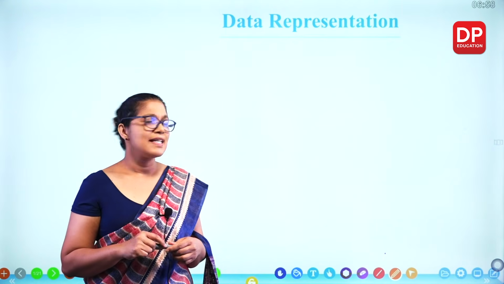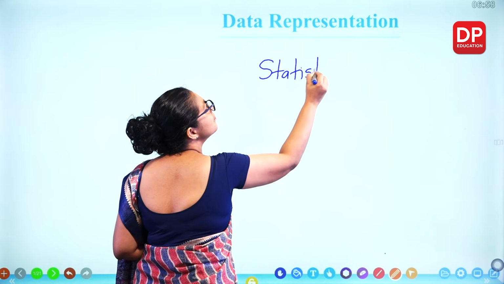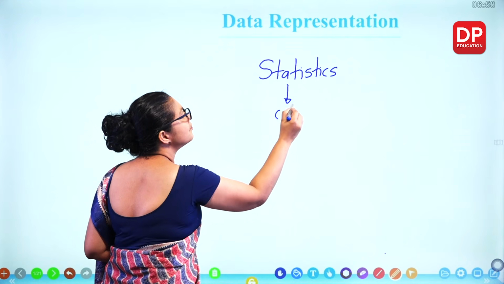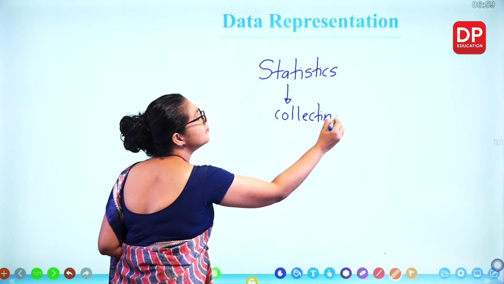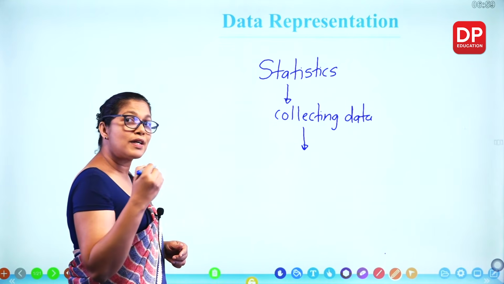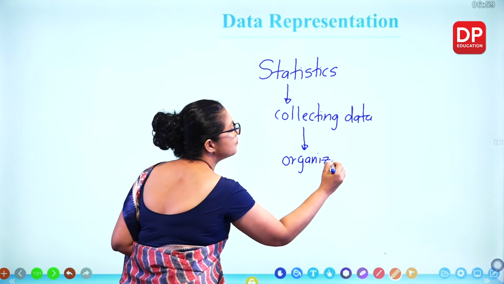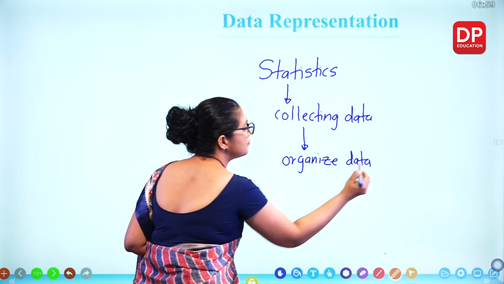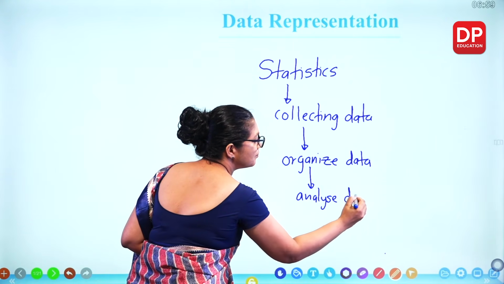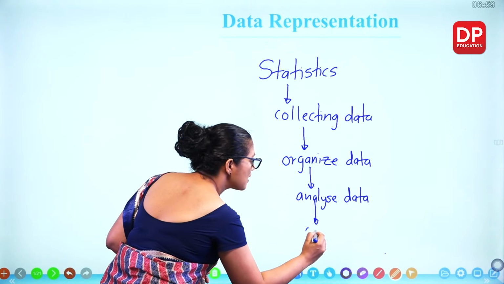What is statistics? Statistics is the science of collecting data, then what you have to do after you collect data, organize it, then you have to analyze it, and then take the best possible conclusion.